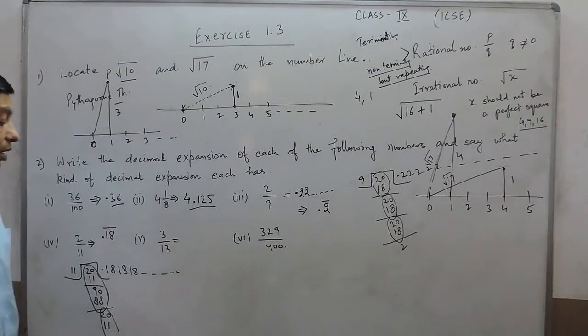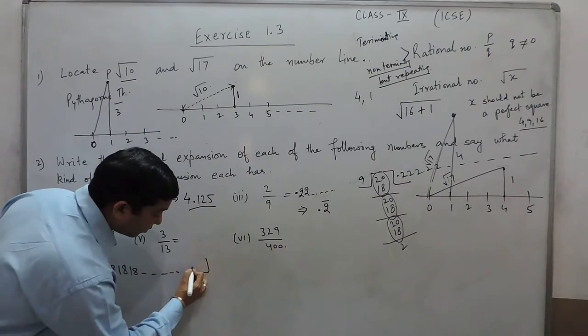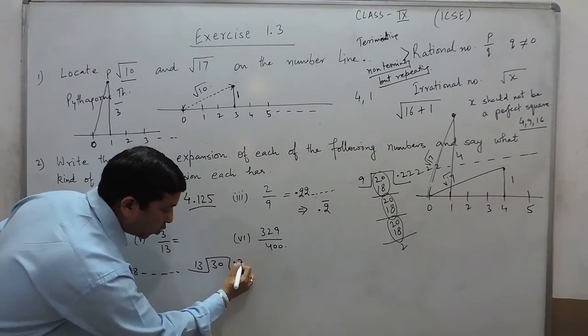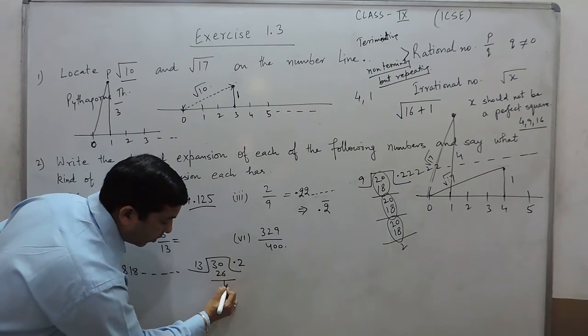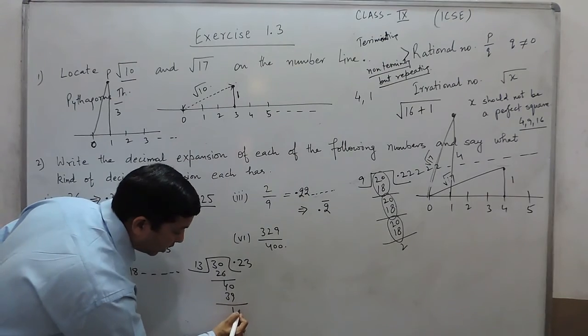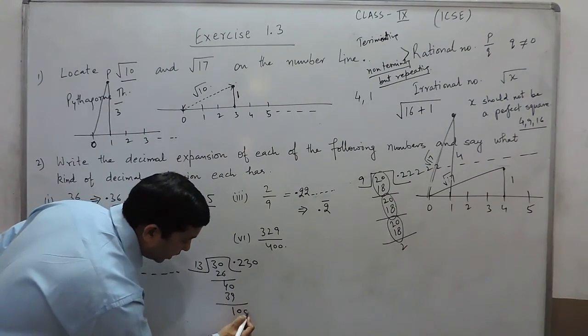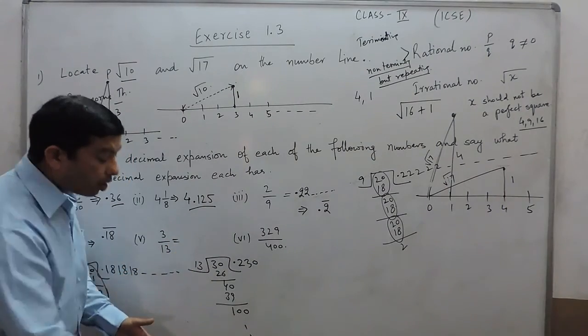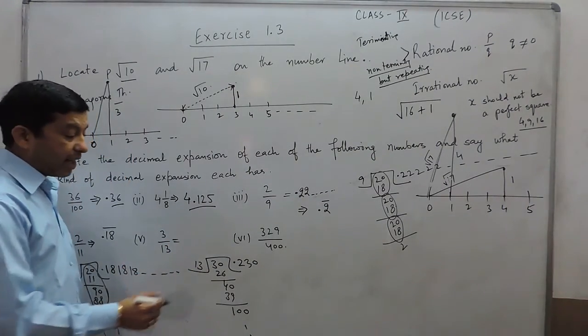If I solve 3 upon 13, again dividing 3 by 13, it is 0.0, 2 times 13 is 26, the remainder comes out to be 4, 0, again 3 times 13 is 39, the remainder comes out to be 1, 0, again 0, and it keeps on going. Now this will keep on going till infinity.